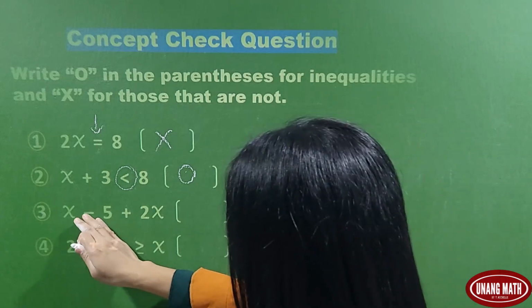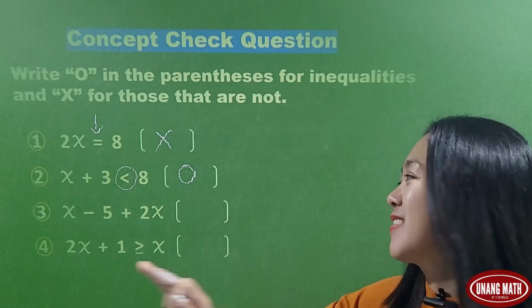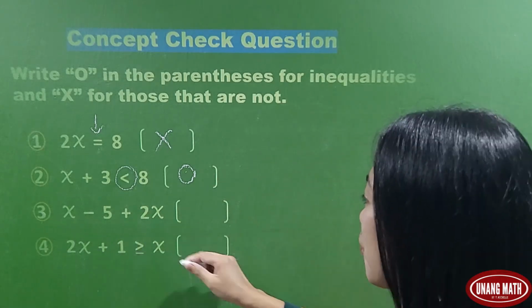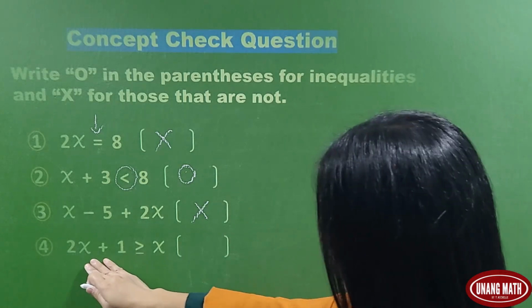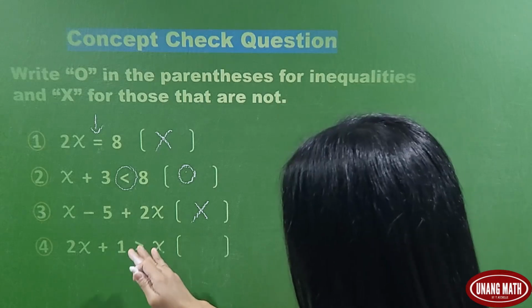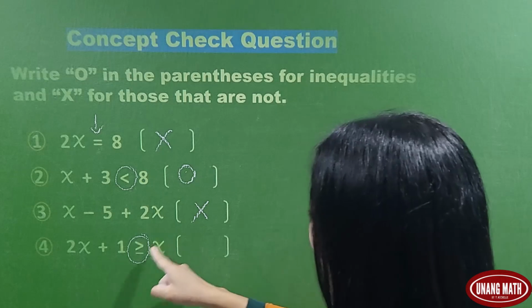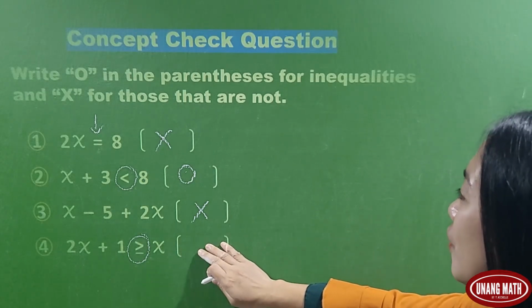We can only see subtraction and addition. So it means this is not an inequality, but just an expression. So this is X. And for number 4, 2x plus 1 is greater than or equal to x. We have an inequality sign here, greater than or equal to, which means this is an example of an inequality.